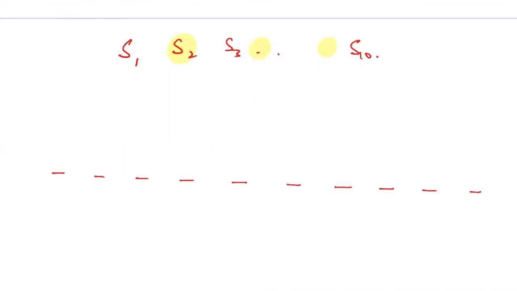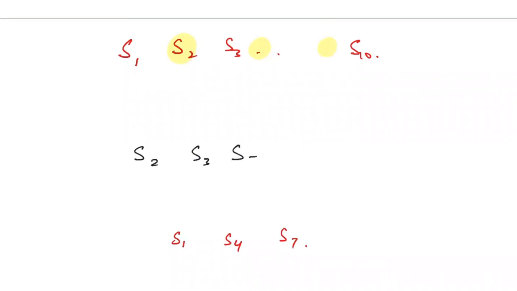These 3 students are like S1, S4, or S7. Except these 3 students, I'm putting all the students in a row, right? So S2, S3, S5, S6, S8, S9, S10.